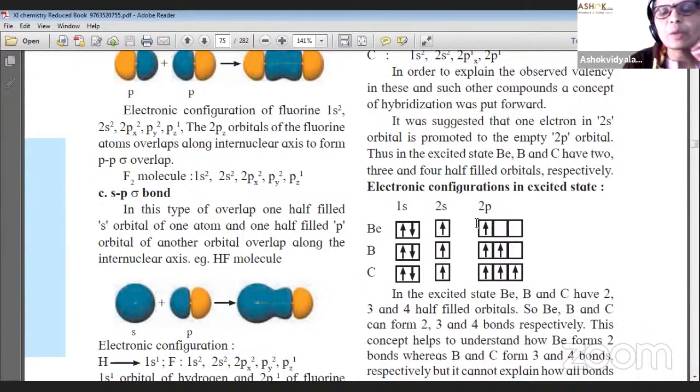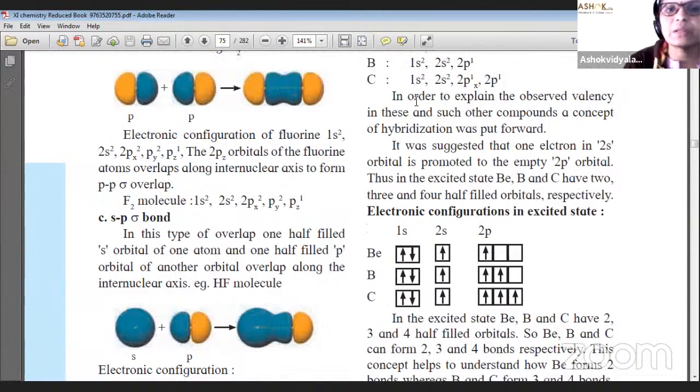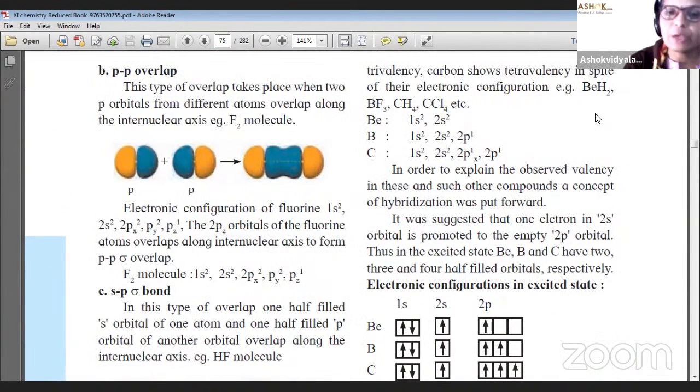These two atomic orbitals are of the same atom, the beryllium atom. Both the 2s and 2p atomic orbitals are of the same atom, that is beryllium. One of the electrons from 2s is promoted to 2p, and now there are two available unpaired electrons for the formation of two bonds with hydrogen, that is the formation of BeH2.